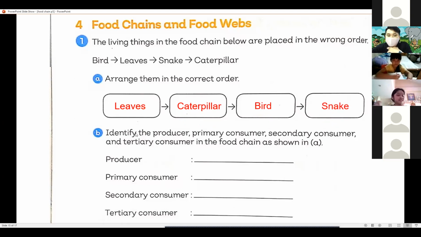Now, identify the producer, the primary consumer, secondary consumer, and tertiary consumer in the food chain as shown in letter A. So you write the producer here, the primary, the secondary, and tertiary. Faster. Write them. What is the producer here?